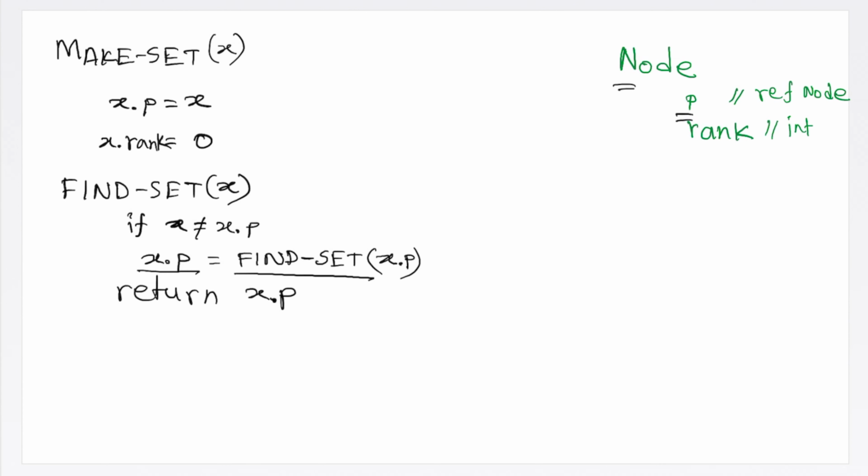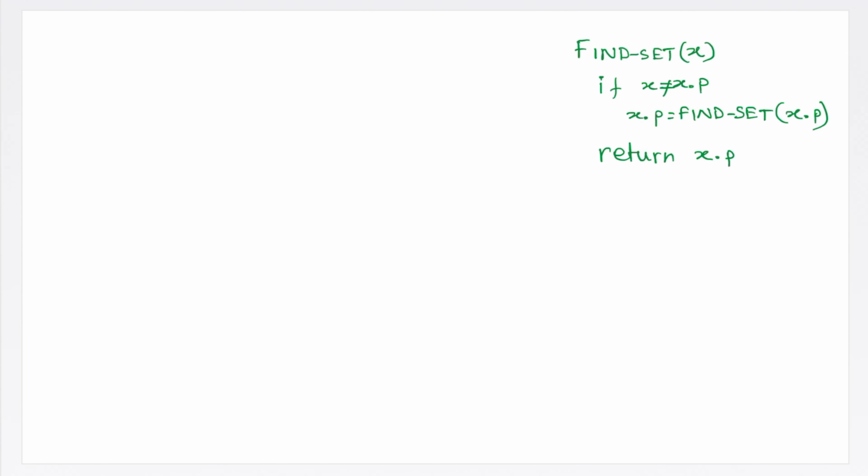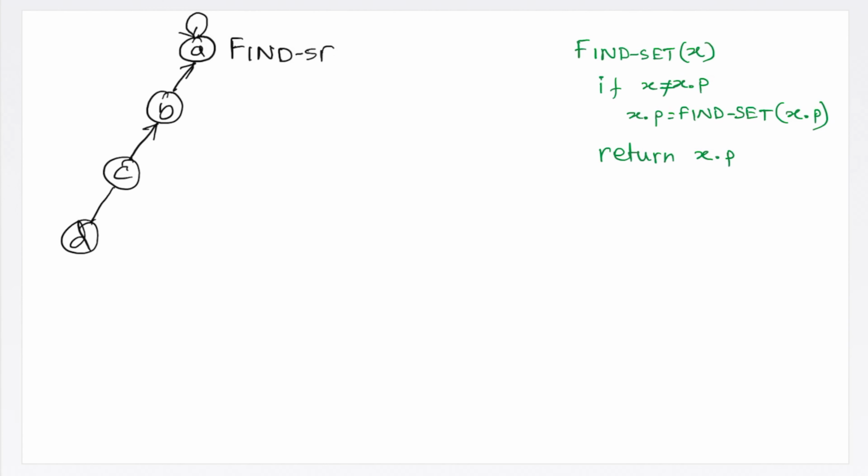What happens here is this. Let's say that we have a tree with the following nodes: A, B, C, and D. What will happen with the following call? findSet(D).